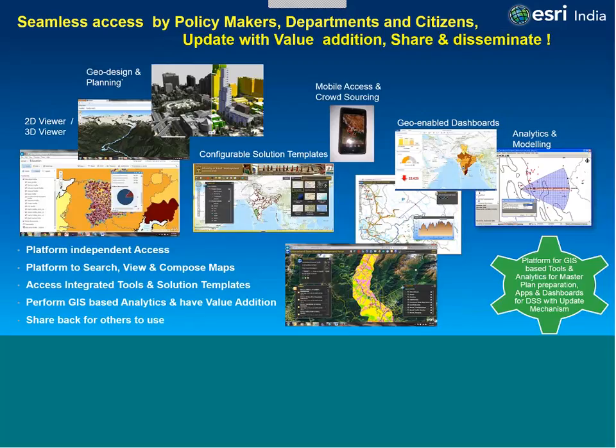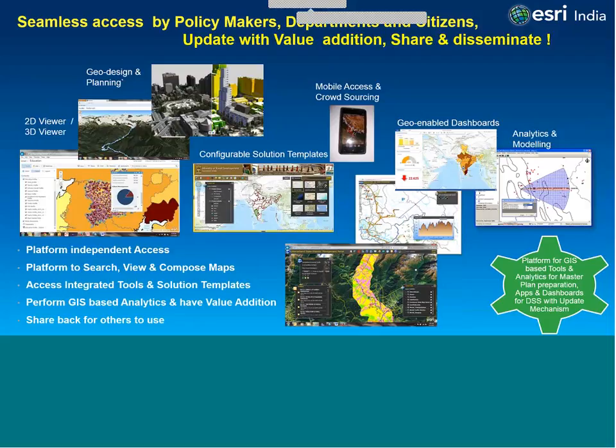Okay, so coming back to the slide here, once this planning is done, geodesign is done, crowdsourcing is done, finally the released master plan is to be shared with various stakeholders, policymakers, and citizens for various application requirements.